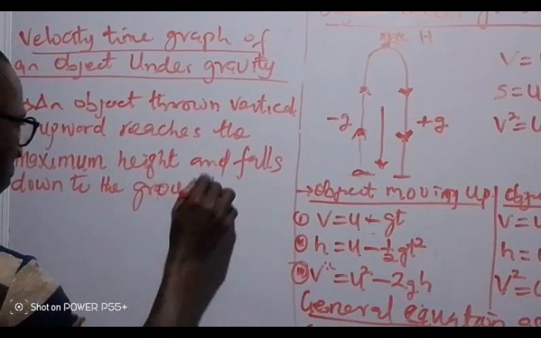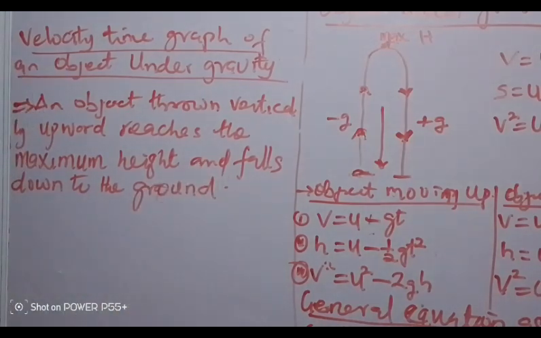So the velocity time graph now. The velocity time graph of such an object. Let's look at it.